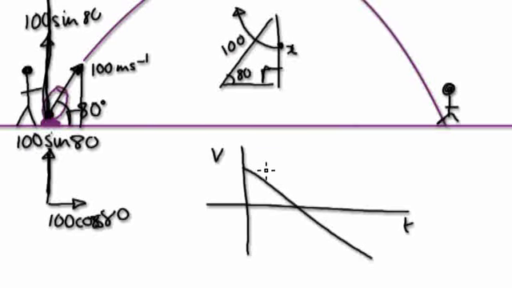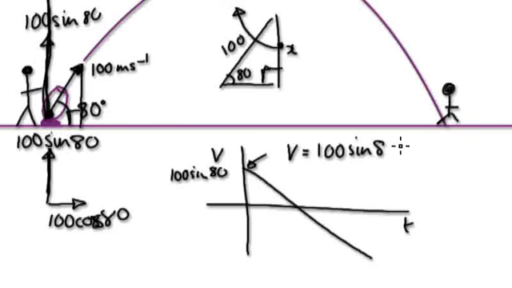So this initial speed here is 100 sine 80. Okay, so the equation for this line is v equals 100 sine 80 take away, we're on Earth, so take away 10t. Now normally we find t max, the time it takes to get to maximum height.